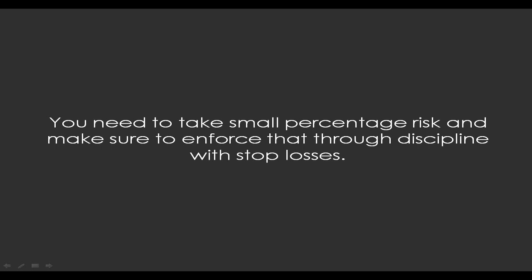That's how you satisfy the position sizing part per trade. And for the trade management side, you need to enforce this small risk through the use of stop losses. You need to be disciplined about your stop losses. And we've already talked a lot about this, discussed it in great detail, so this is just a small recap.